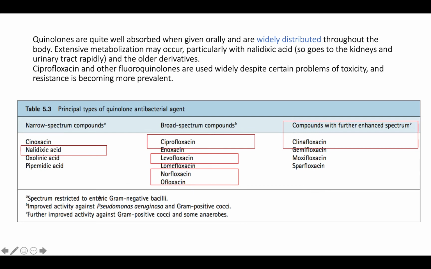This improved activity includes some activity against Pseudomonas and gram-positive cocci, as we said. So the improved activity for broad spectrum moved from gram negatives, which is nalidixic acid, remember N for negatives, and then moved to more gram-positive bacteria including Pseudomonas.